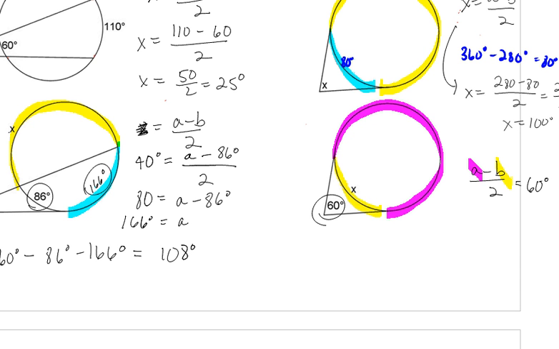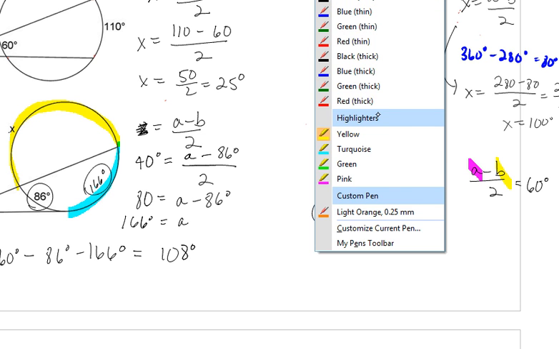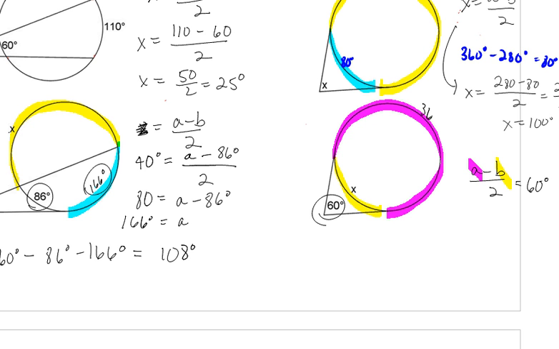We know that there's 360 degrees in a circle. So we know that the purple arc is 360 minus x. Purple's 360 minus x, the yellow is x. Subtract those two, divide by 2, you'll get 60. So for purple, I'll plug in 360 minus x. For yellow, I'll plug in x.